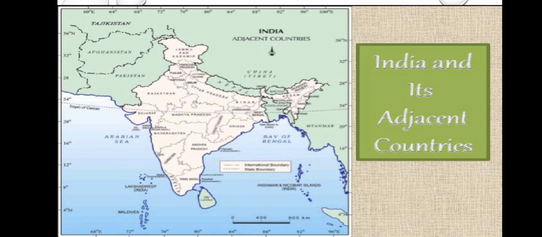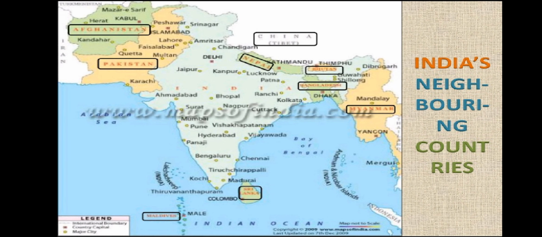India has had strong geographical and historical links with her neighbors. Just look at the physical map here. You can find the neighboring countries: Afghanistan, China, Pakistan, Nepal, Bhutan, Bangladesh, Myanmar, and Sri Lanka.